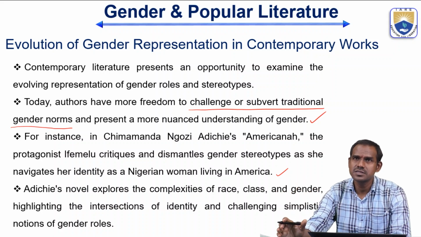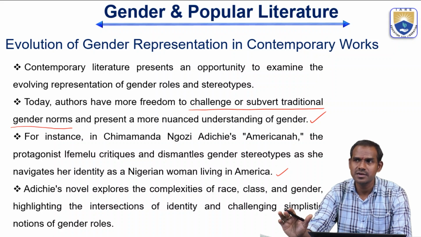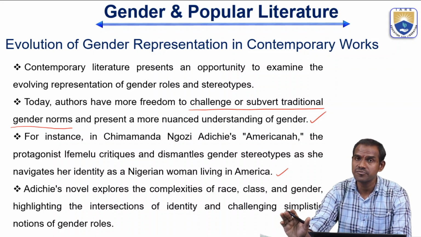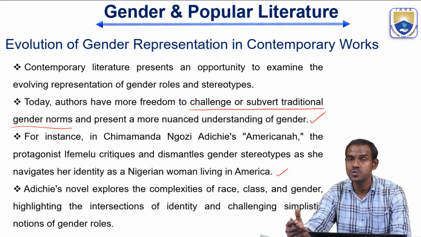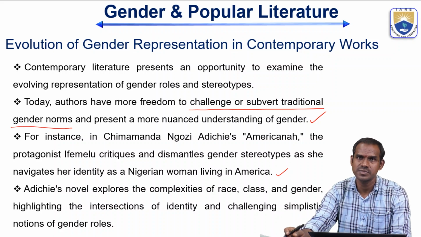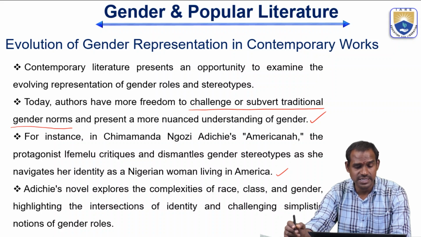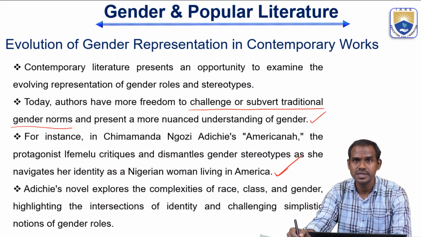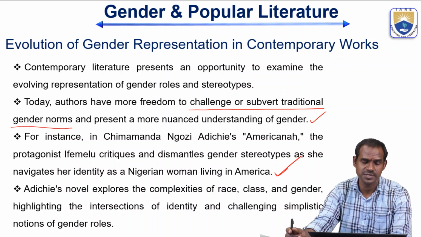It is not like whatever is written in the book. It should be in a matured way, in a proper way. Whatever you feel is good, you can do it. You have the freedom to do it. That is what gender equality is, and so gender sensitization can be achieved. She navigates her identity as a Nigerian woman even though she is living in America. So that is against the traditional gender norms.